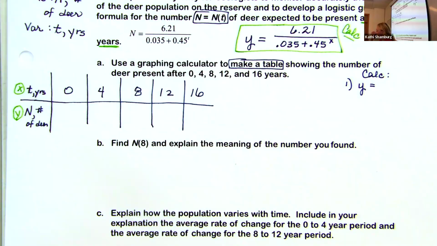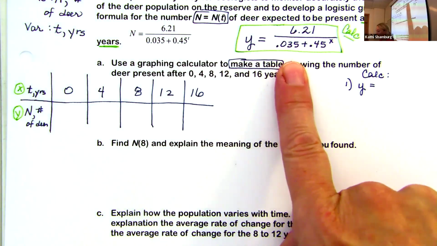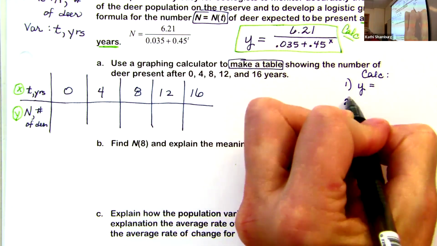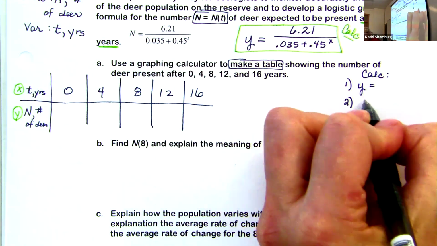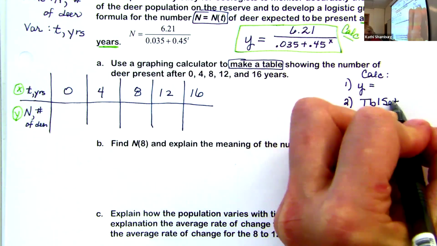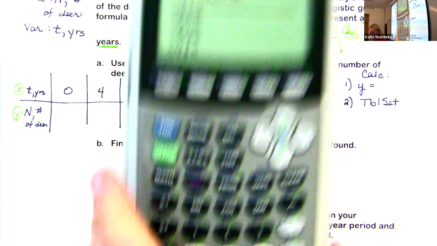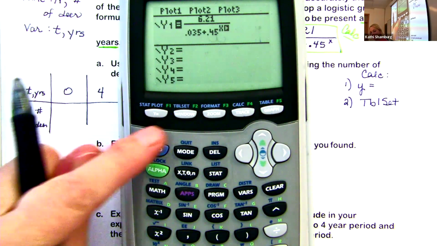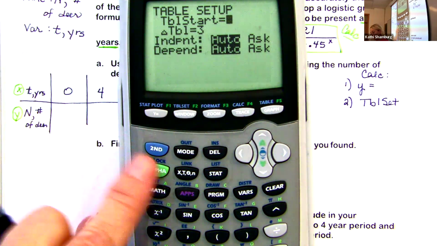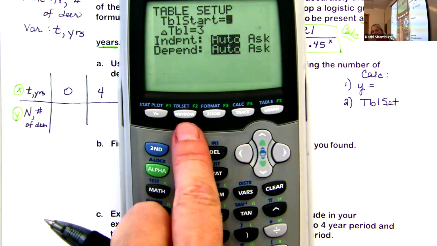We pushed y equals, we already put this equation in there. So we've done that, okay? All right, your second step is to access the table set button. That is your second, table set. Second in blue, and it's this window button.